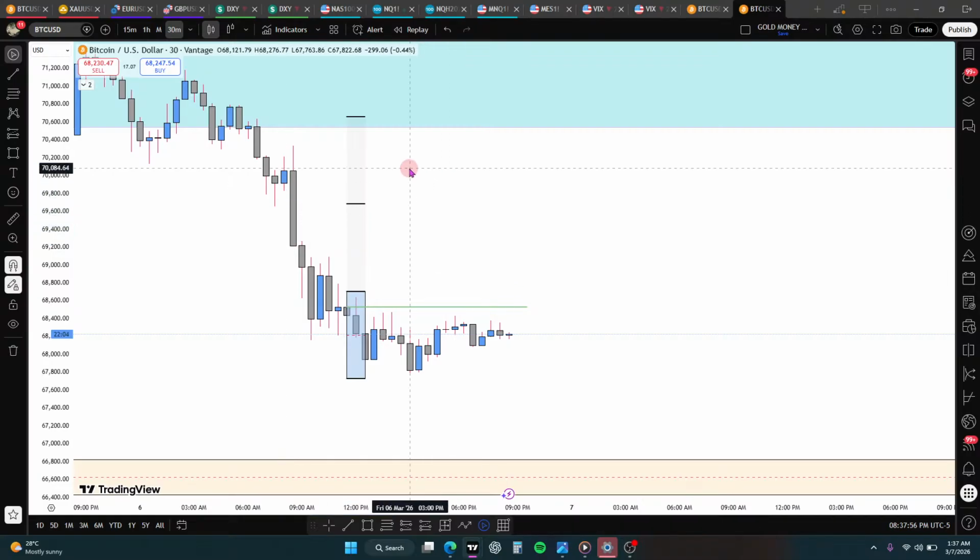But as well, it would put us back into another tap of this area here and sweeping these relative equal highs up here before potentially deciding what it wants to do next, right?